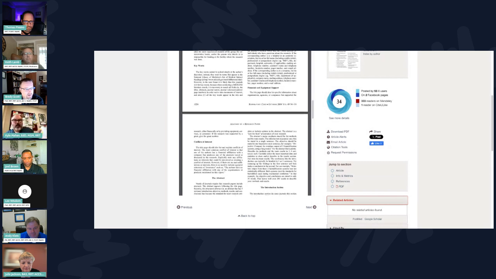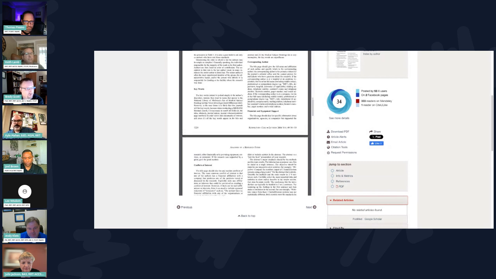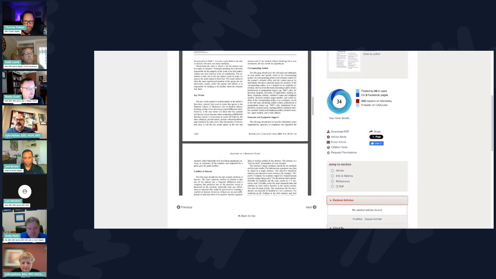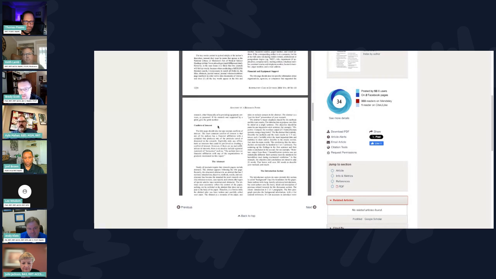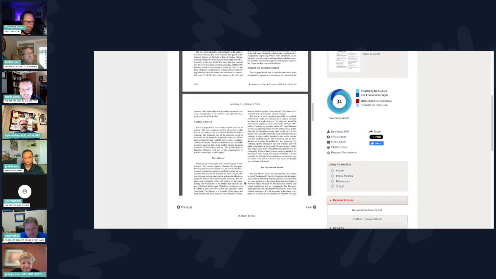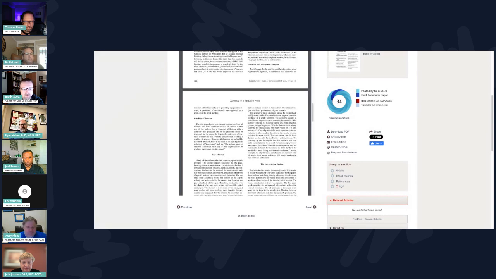It talks about the corresponding author, and even conflicts of interest, which is very important. When I read papers, I look at the conflict of interest. I just want to make sure that things are disclosed the way they should be. It's important for everyone to know that conflicts of interest are very common and don't necessarily discredit the author.